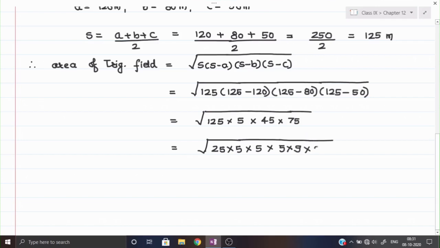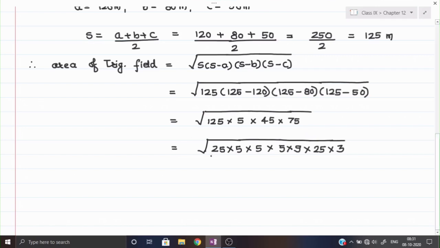I think we are able to make some pairs. Once again we can check. 125 I wrote as 25 into 5, then 5 I wrote as it is, 45 I wrote as 5 into 9, and 75 I wrote as 25 into 3.